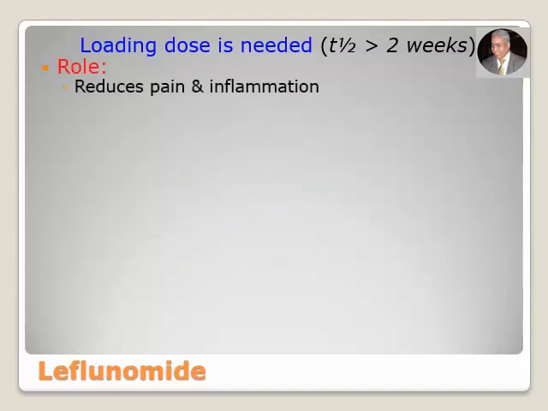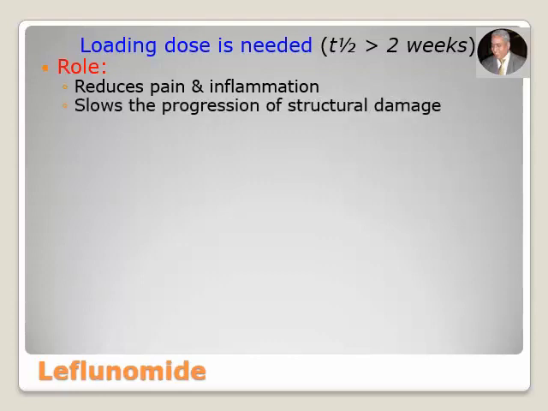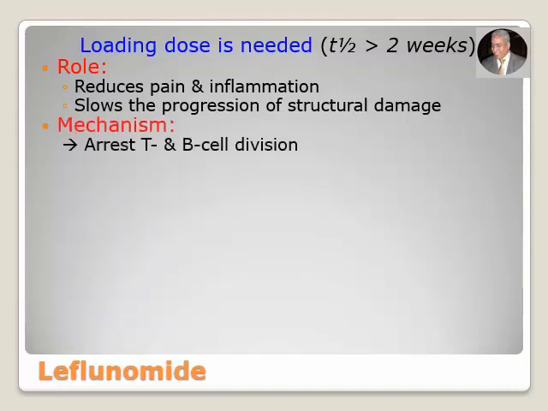Similar to methotrexate, it reduces inflammation and subsequently decreases pain, and slows the structural damage of the joints. The main mechanism of action is arresting lymphocytic division.